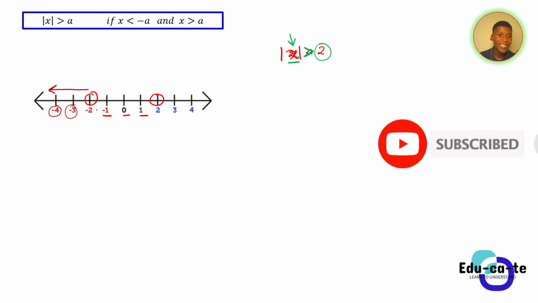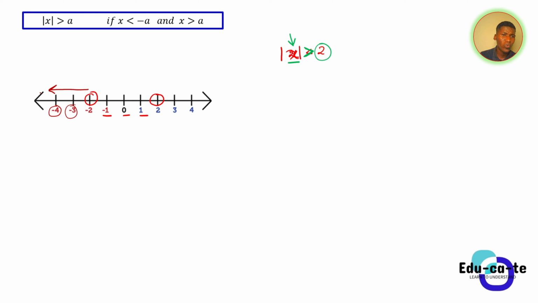So I can go to the left of -2. I can use a value such as -4, because the absolute value of -4 is +4, which is definitely greater than 2, and that confirms our inequality.